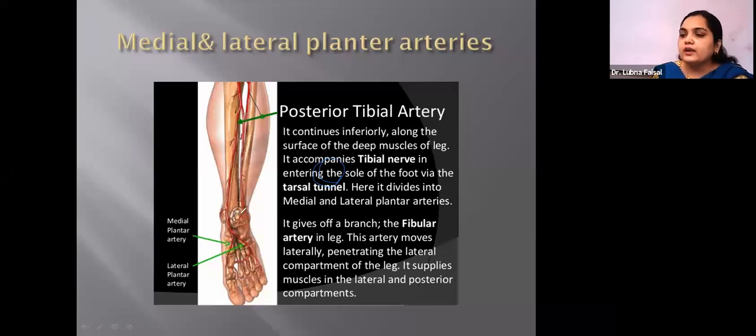Now at the lower end, the posterior tibial artery, like the tibial nerve, also gives two branches: the medial plantar nerve and the lateral plantar nerve. The artery divides into two terminal branches, the medial plantar artery and the lateral plantar artery, at the point of the ankle joint.